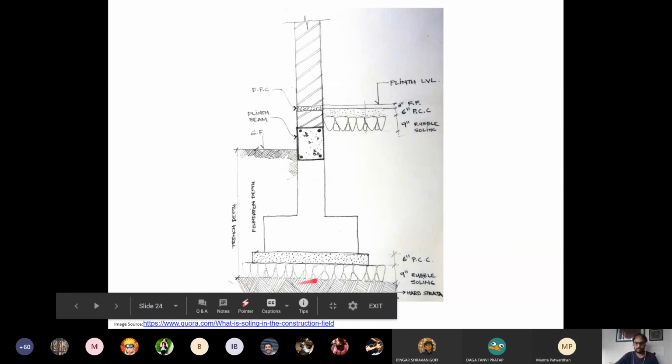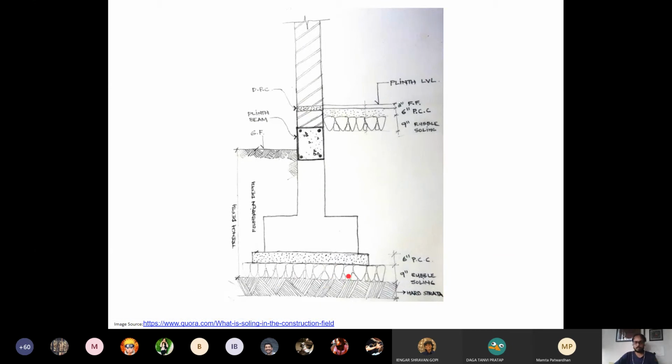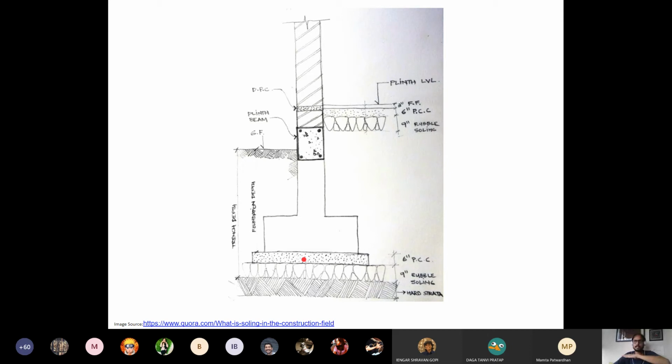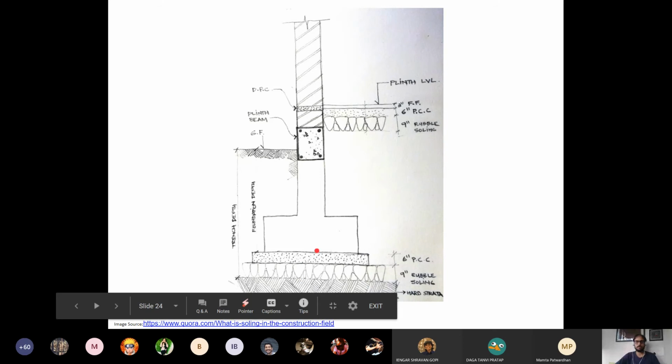What you have is a hard strata at the base, on which you will do rubble soling and compact it, on which you will put a PCC bed, on which you will have the foundation. Generally, between the hard strata and PCC bed, you also put a layer of sand. Sand creates an even level.